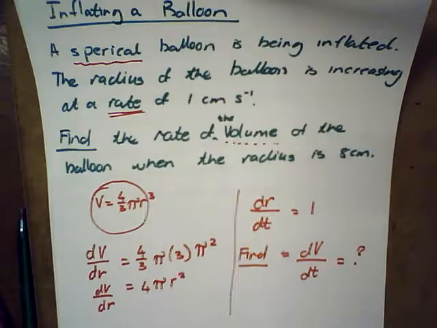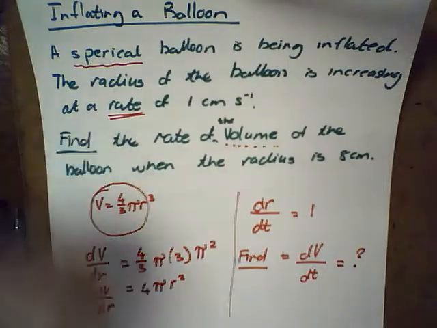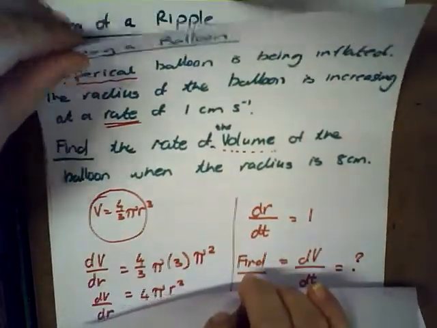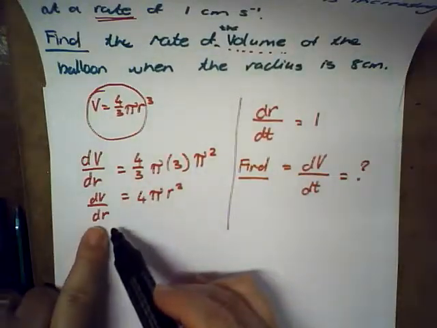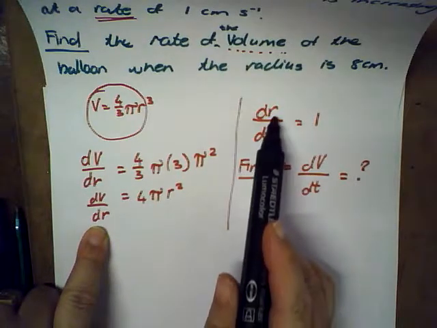Okay, let's see what we can do about these. I need something to string up. I want something in the numerator to cancel out with something in the denominator. I have a dr here, and I have a dr there.